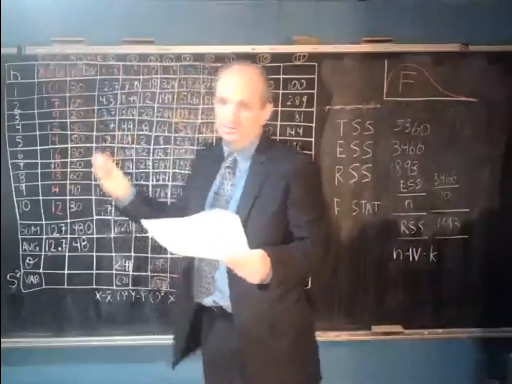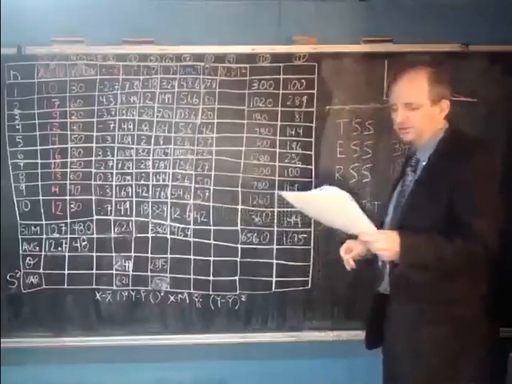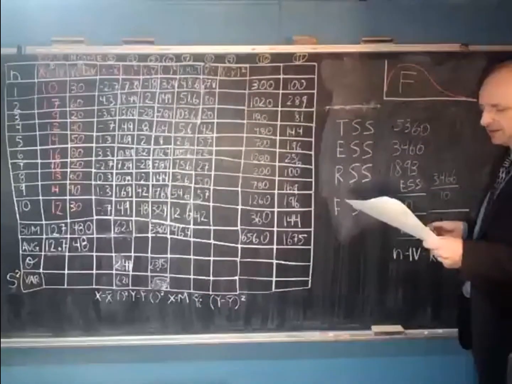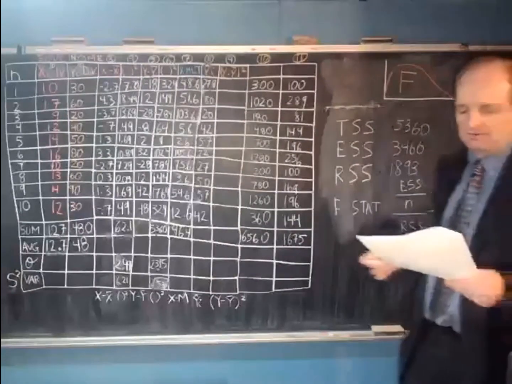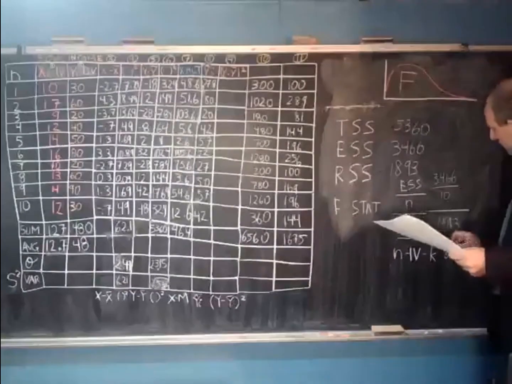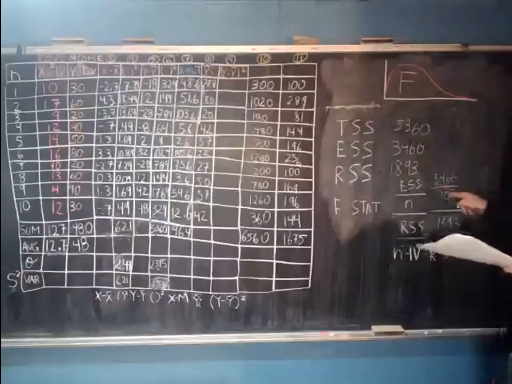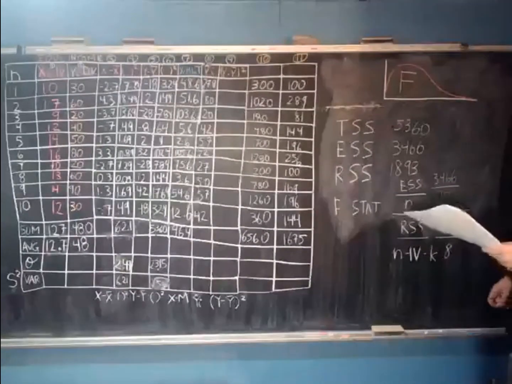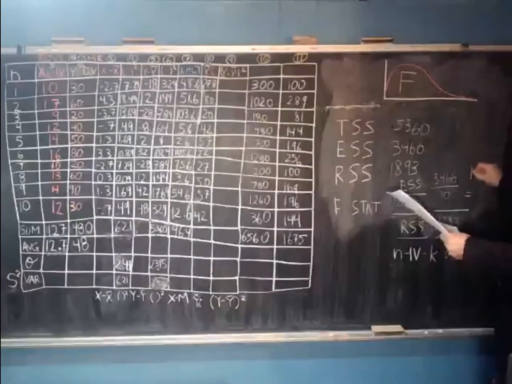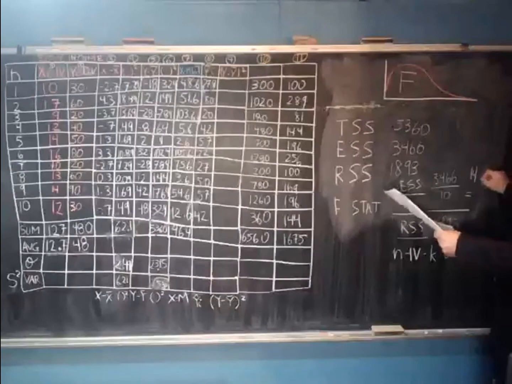There's simply x, which is the years spent in school, minus an additional 1, which is the k, or a constant. So that brings us down to a divisor of 8. So 3,466 divided by 10 divided by 1893 divided by 8. And that's going to give us a result of 14.6.